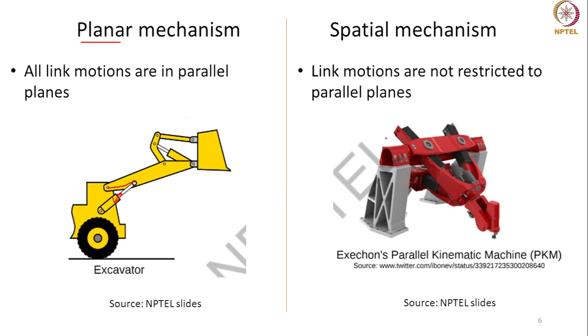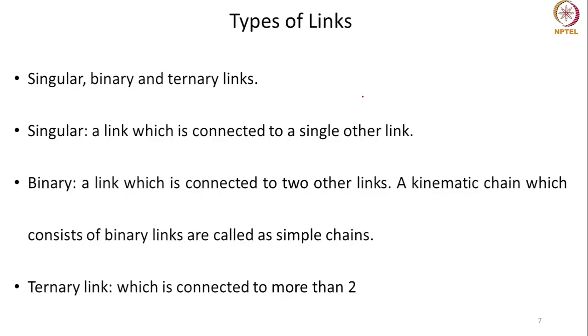They can be out of plane also. One example could be our parallel kinematic machine, the PKM machine. You can see it working in some of our YouTube videos also.